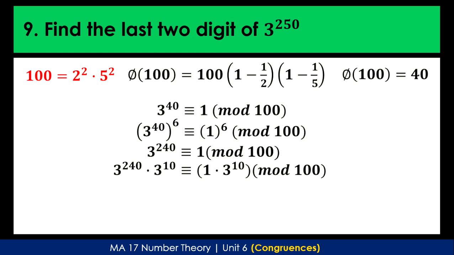If we divide 59,049 by 100, we'll have 49 as the remainder. So 3 raised to 250 is congruent to 49 modulo 100. Therefore, the last two digits of 3 raised to 250 is 49.